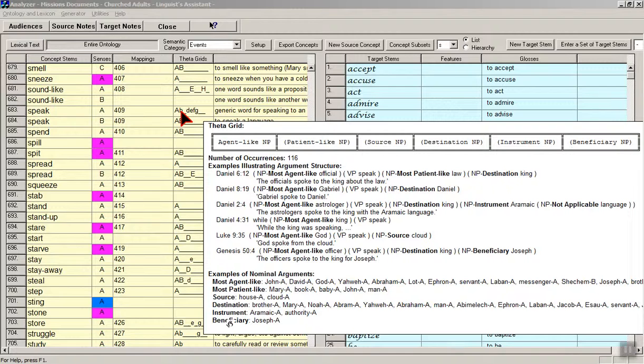That's the place for the patient argument, which is the most common argument other than the agent. This one's lowercase, so that means the patient argument is optional. And then there are four other lowercase letters, and that means there are four other possible optional arguments. And those correspond to source, destination, instrument, and beneficiary.